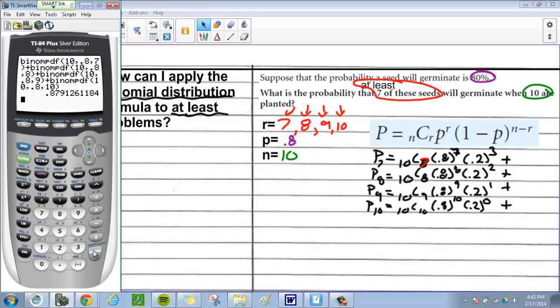There we go. So the probability of 7 or more of these seeds coming up is 0.879, or 87.9%. Holy cow.